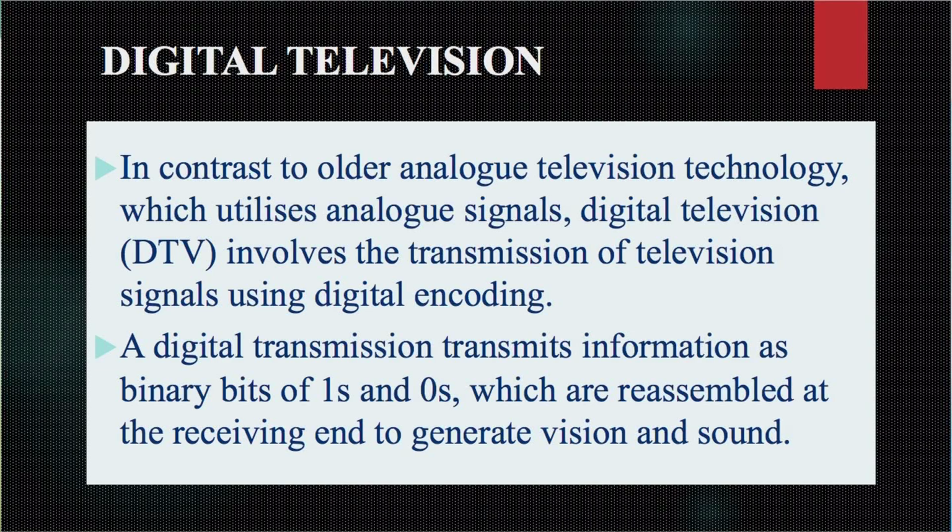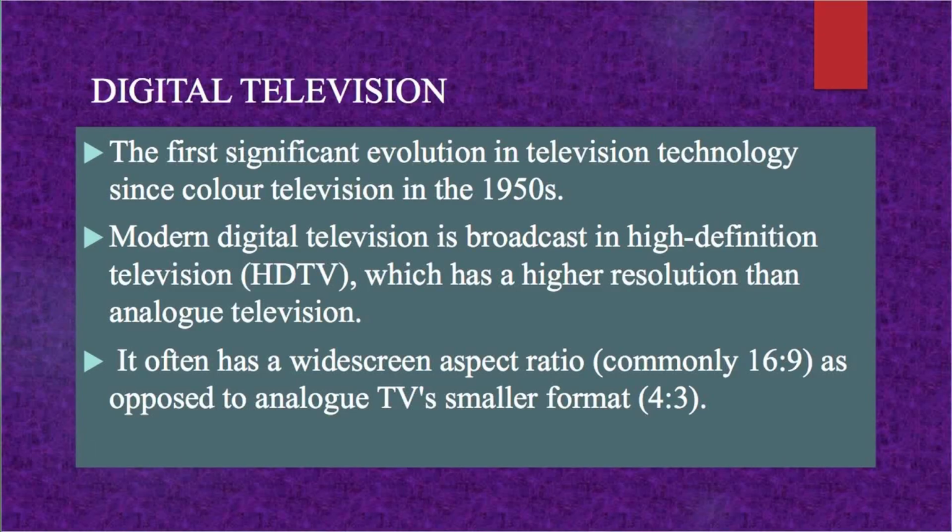generate vision and sound. It was regarded as an inventive advancement at the time of its invention, and it constituted the first significant evolution in television technology since color TV in the 1950s.